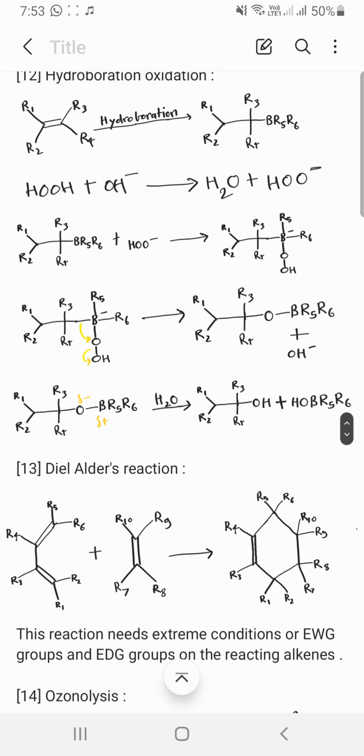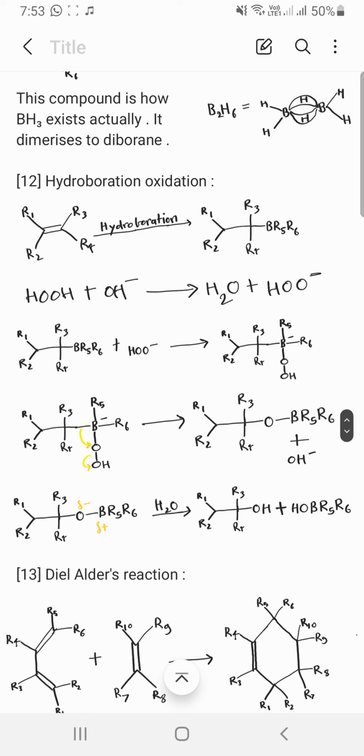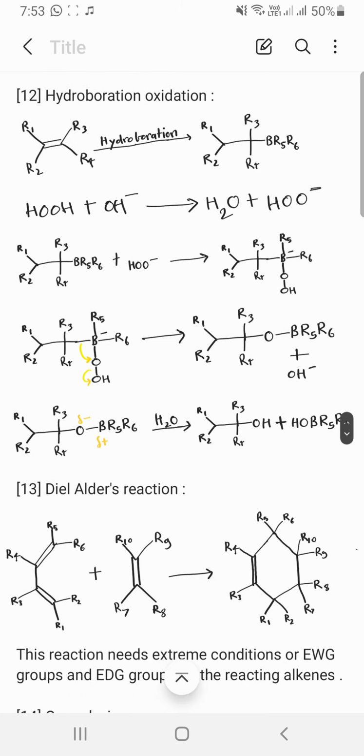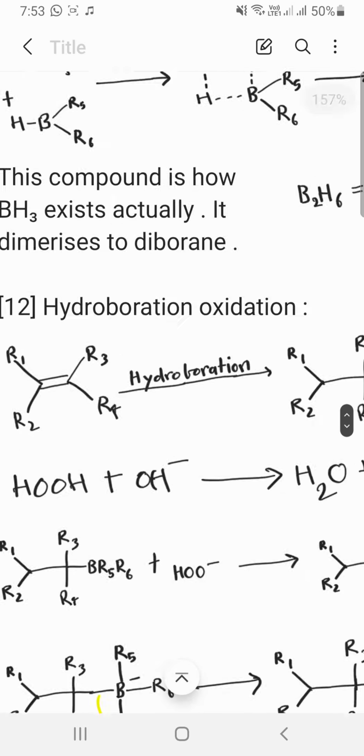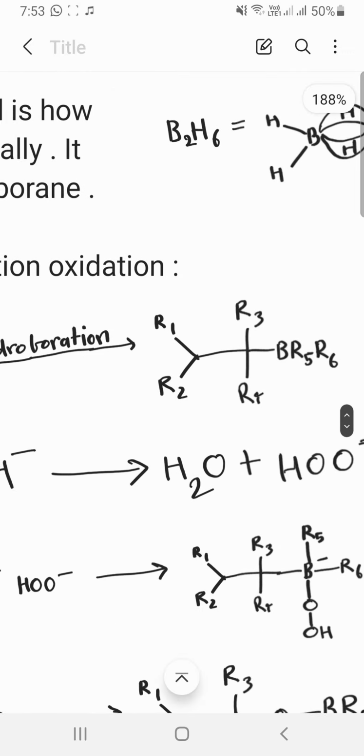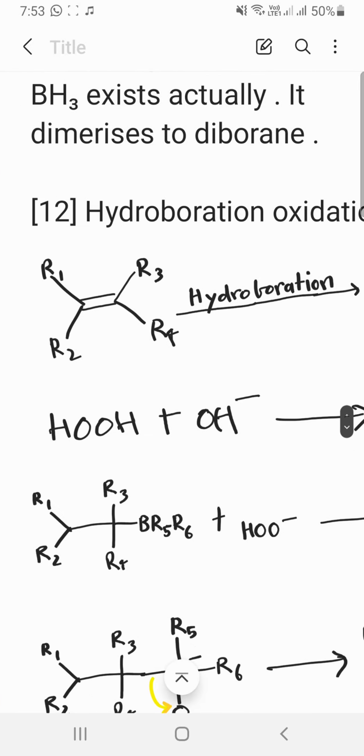Hydroboration oxidation. The mechanism is really nice. It's easy to follow, but not so useful. The basic key point is that in hydroboration oxidation, you are going through a single concerted step.